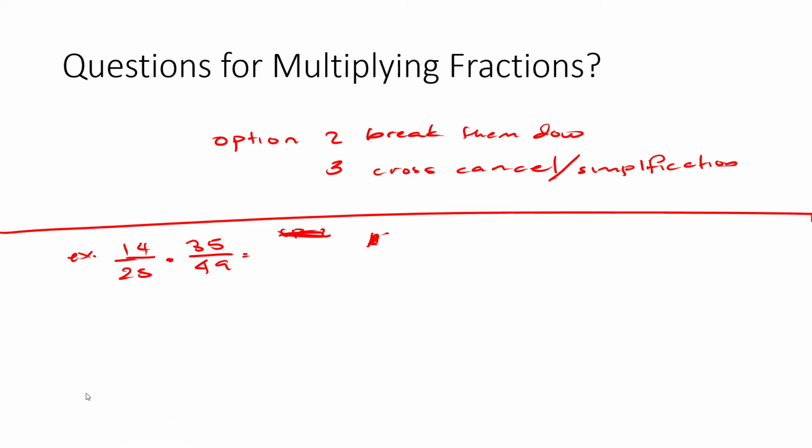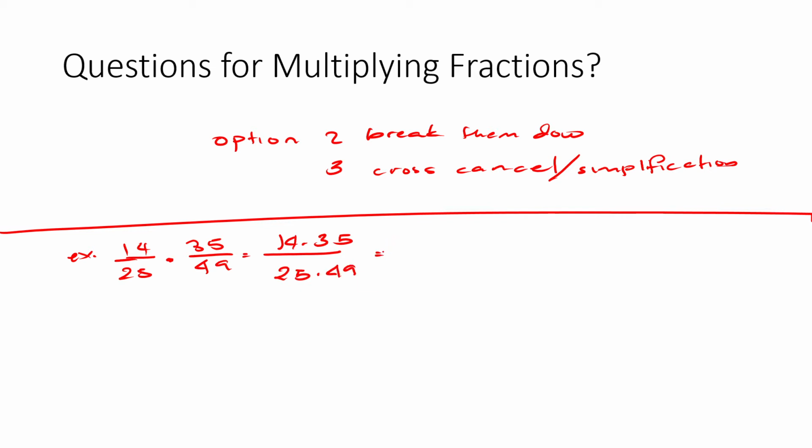I'ma write the thing first. I'ma combine it as one fraction first, and then we do the options later. So once again, combine it as one fraction: 14 times 35 on top, and 25 times 49 on the bottom.